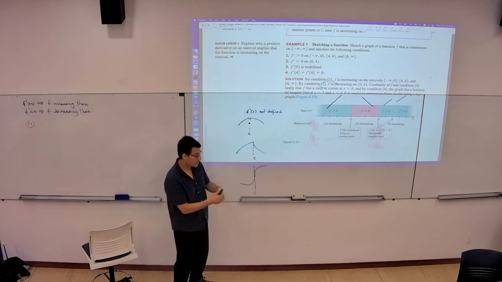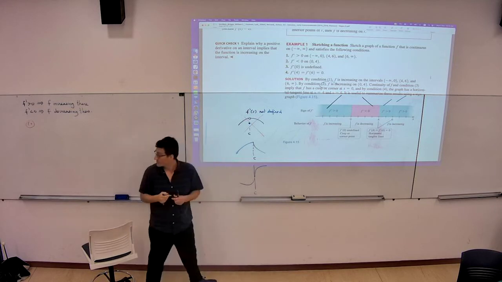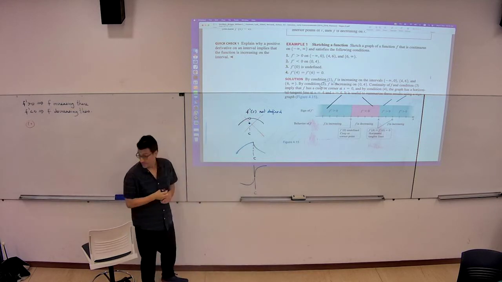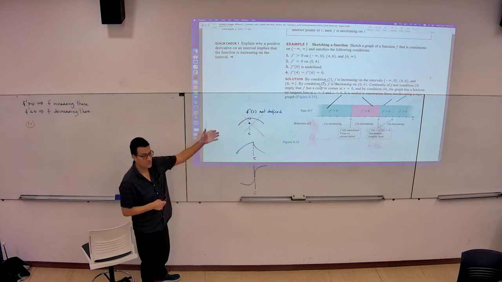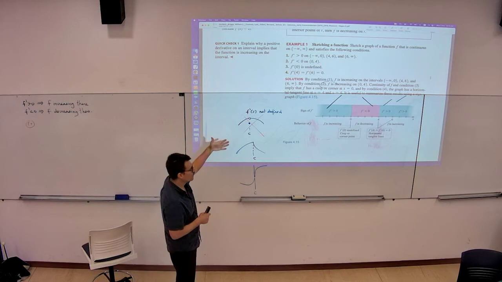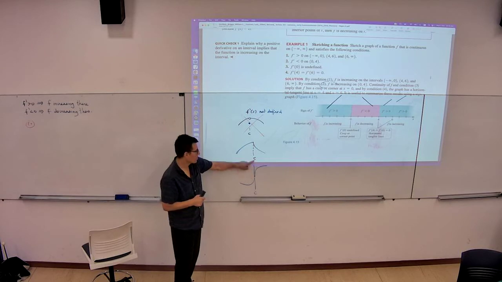So the situation down here doesn't hold, because the function is continuous. So the only situation is that we have something like this or something like that.